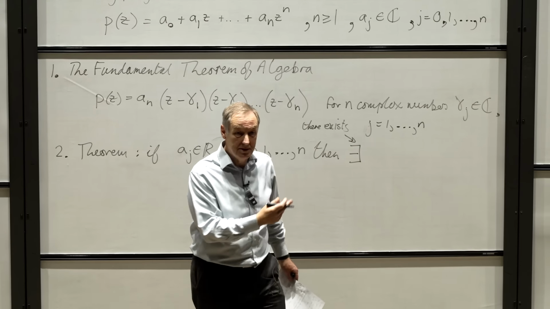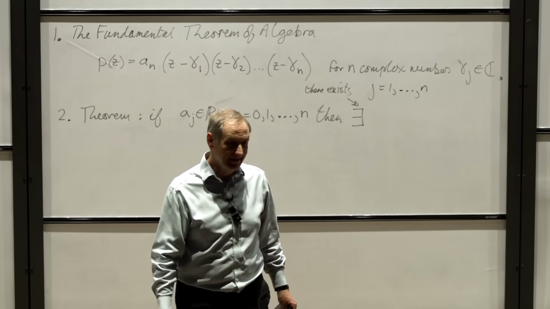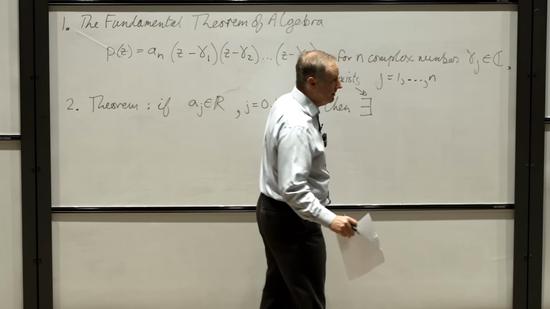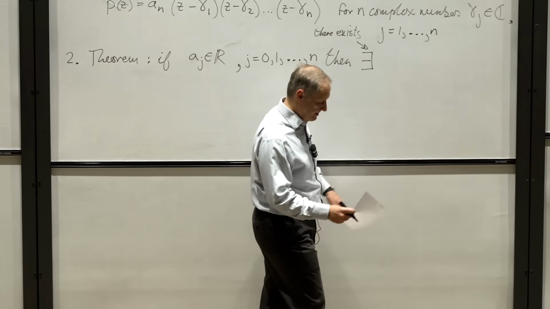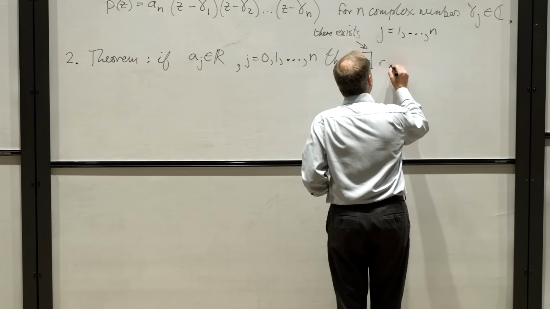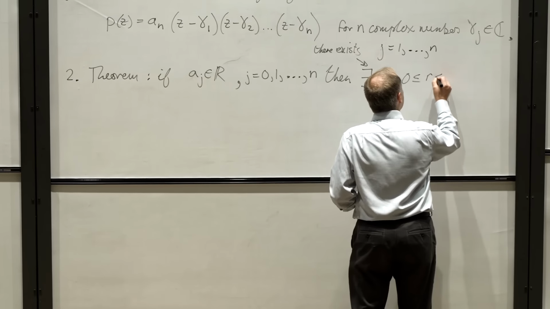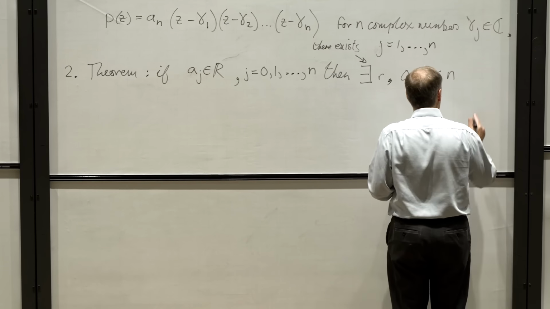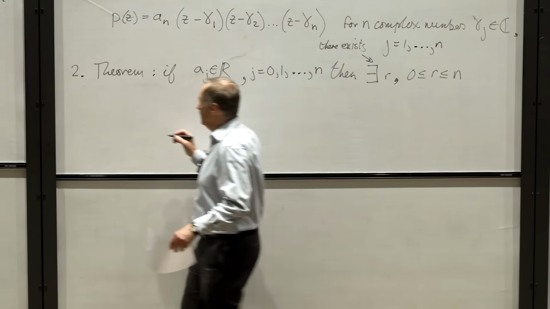It's not just me that uses this character. You'll see it a great deal. Many of my colleagues will also use it. Then there exists a number r with 0 less than or equal to r less than or equal to n, with the following being true.